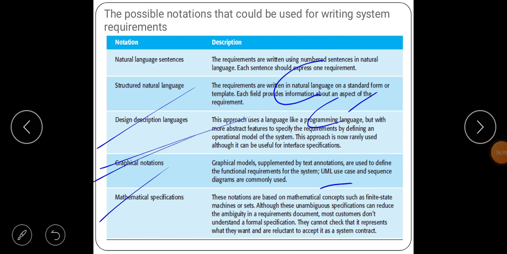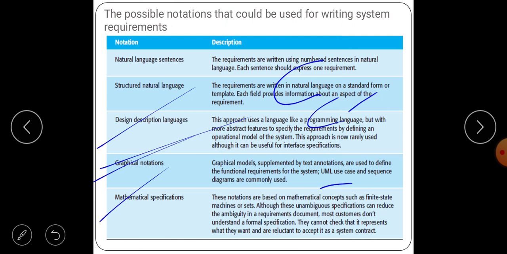Okay, means it is also an unambiguous specification. Means this formal, this mathematical specification cannot be understood easily, because the formal specification easily cannot be understood.